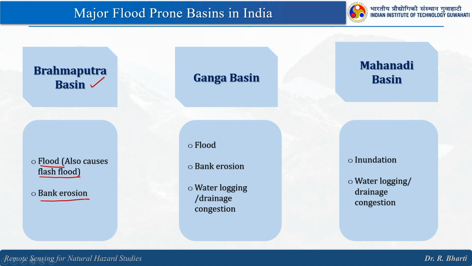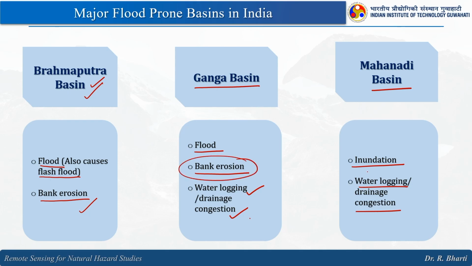Then bank erosion is the major problem in the Brahmaputra basin. When we talk about the Ganga basin, we have flood, then bank erosion, and water logging or drainage congestion is also there, which was not there in the Brahmaputra basin. Then comes the Mahanadi basin. Here you have flood, then water logging and drainage congestion, but the bank erosion is missing, right.